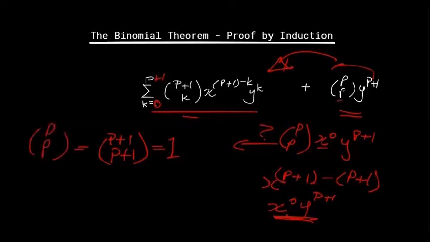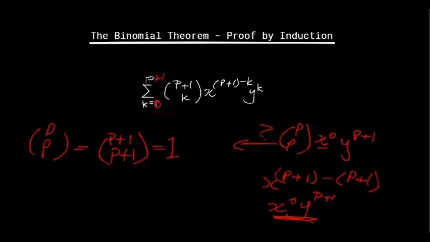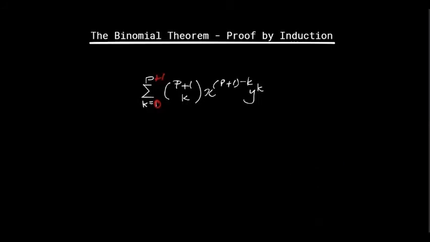So that's okay. This is all going to evaluate to the same thing. So now we can get rid of that final term, and we are completed. We've completed the inductive step.